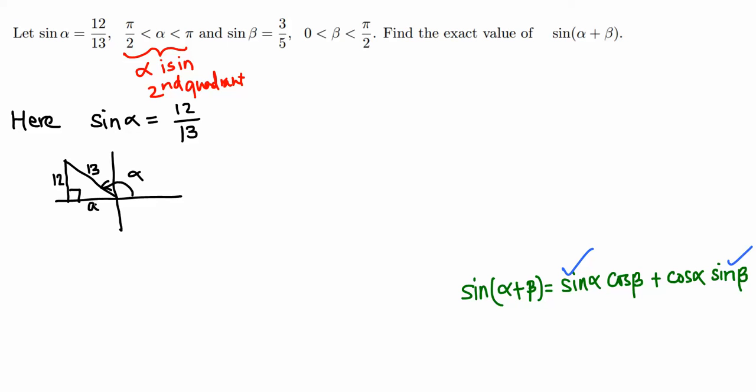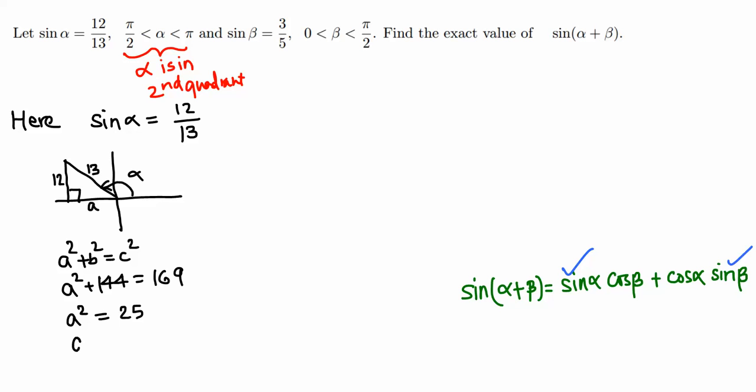Now we can use a squared plus b squared equals c squared, and now a is unknown. a squared plus b squared: 12 squared is 144, c squared is 13 squared, 169. Now subtract 144 from both sides, that's 25.